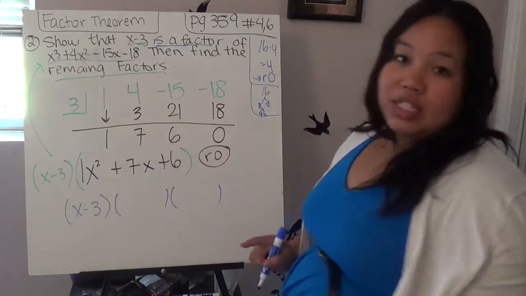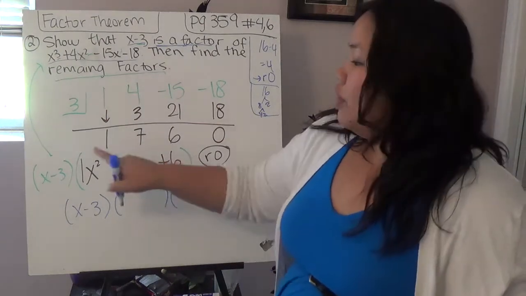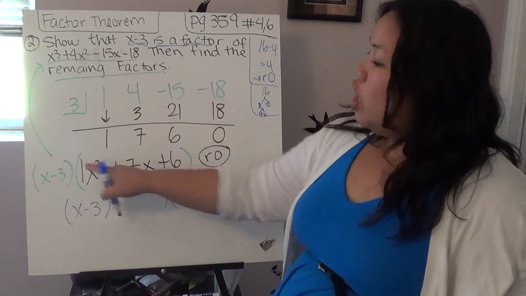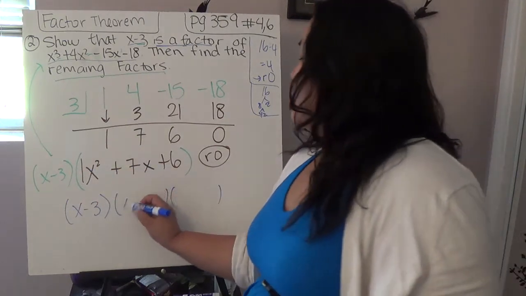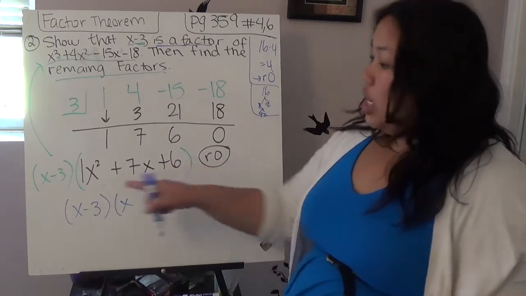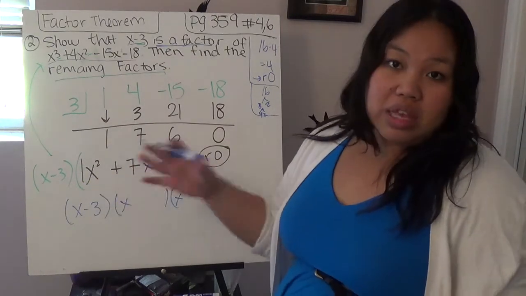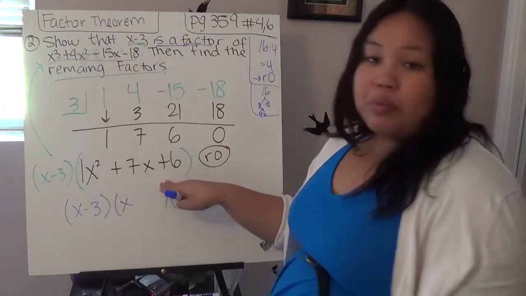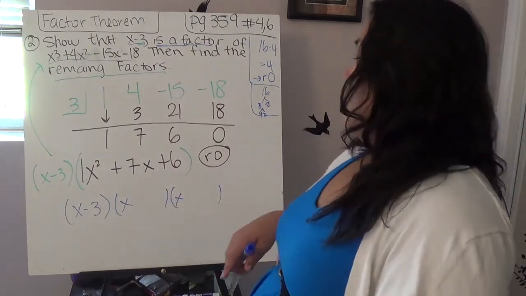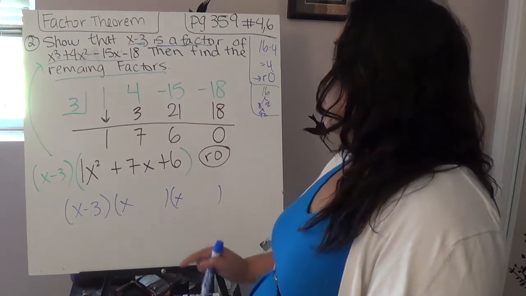The number in front of x squared is 1, and remember we went over in class and in the previous videos that if there's only a 1 in front, then I can just put 2 bubbles and focus on these numbers. If by chance there's a 2, 3, anything higher than a 1, then there's a whole different method that we went over in class and the previous videos. So in this case, it's pretty simple for us.